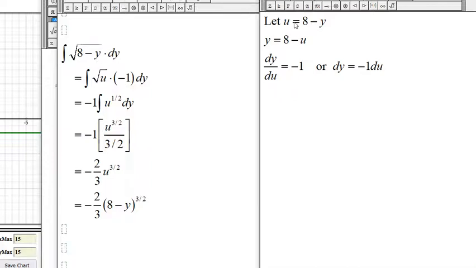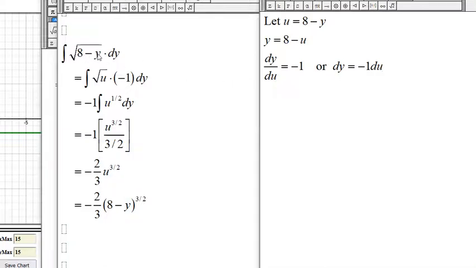So let u be 8 minus y, and then solve for y. We get y equal to 8 minus u. And then find the derivative of y with respect to u. Derivative for 8 is 0. Derivative for u is negative 1. And then the differential dy is equal to negative 1 du.